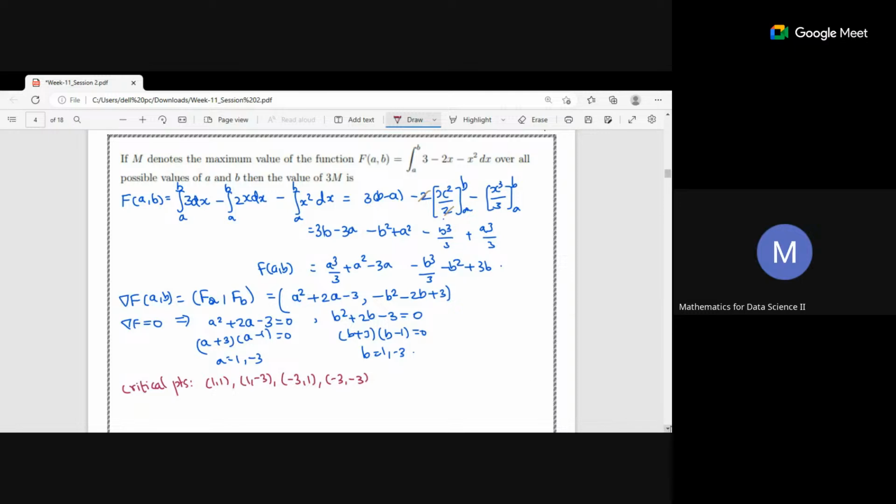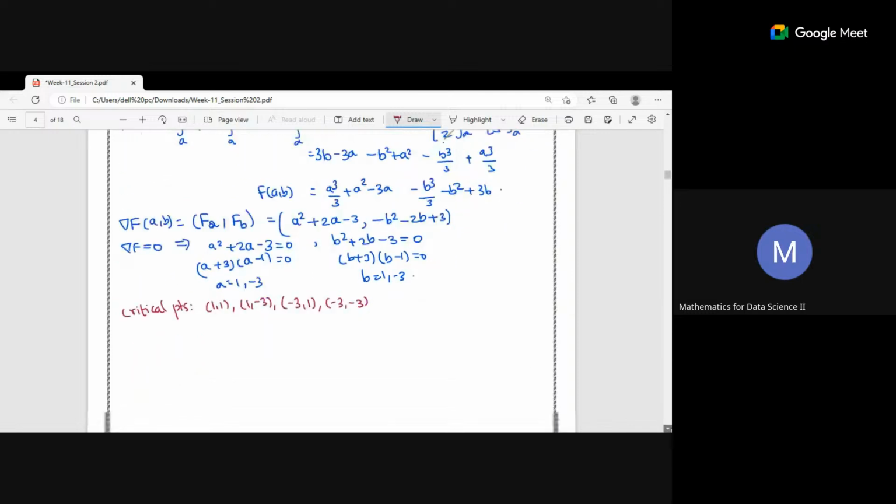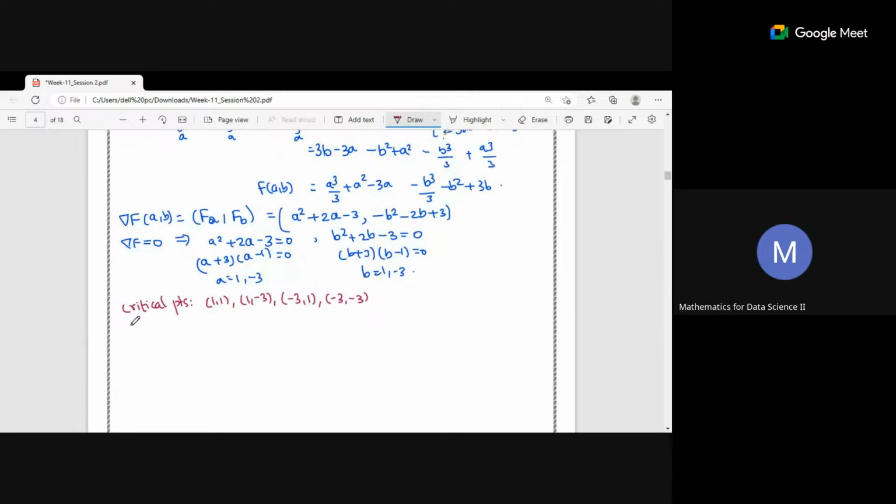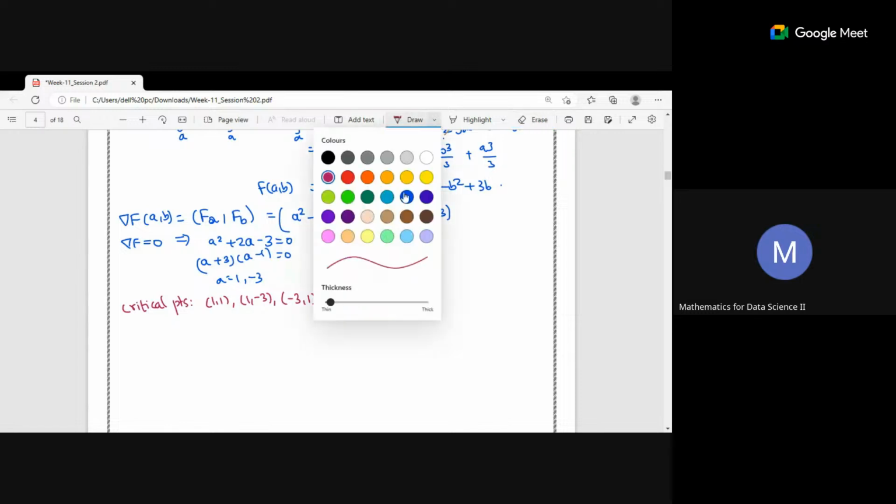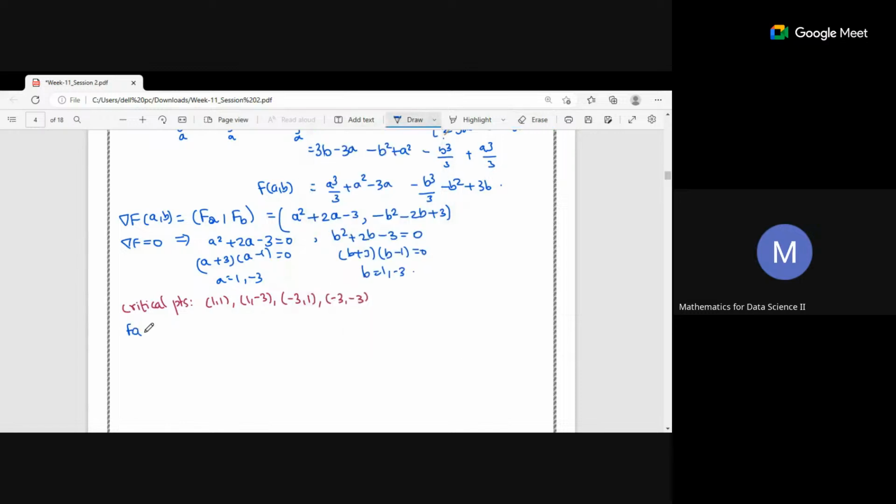Okay. Now what is the next step to find the maximum or minimum? We have to first of all write the Hessian matrix. For writing the Hessian matrix, you should know what is f_aa, f_ab, and f_bb. So first let us write them. What is f_aa? 2a plus 2. f_bb is minus 2b minus 2.